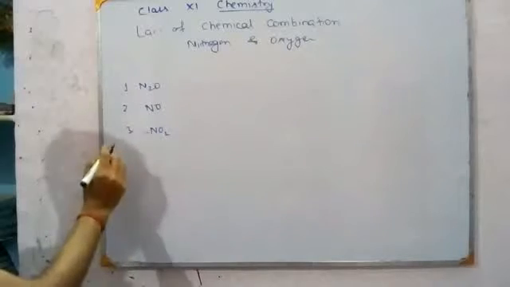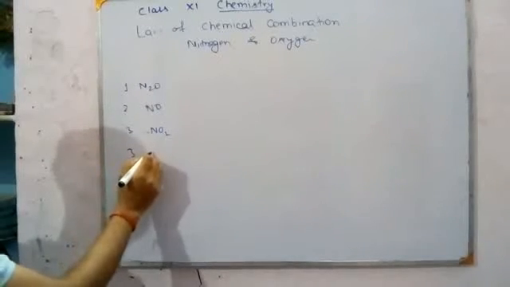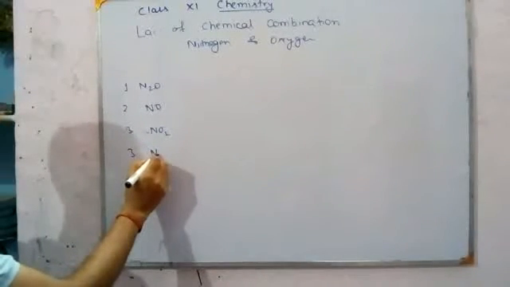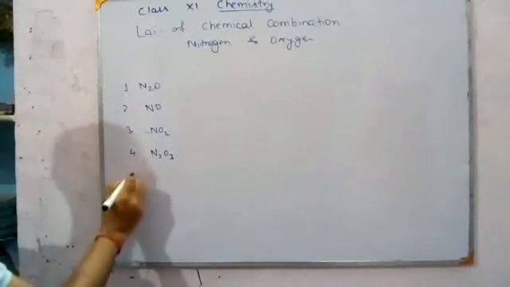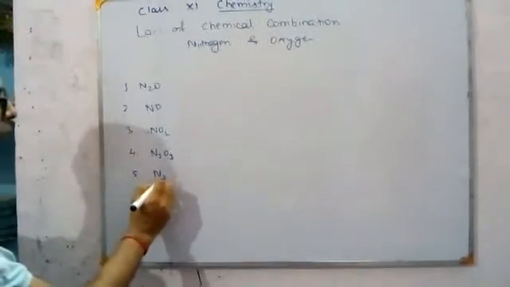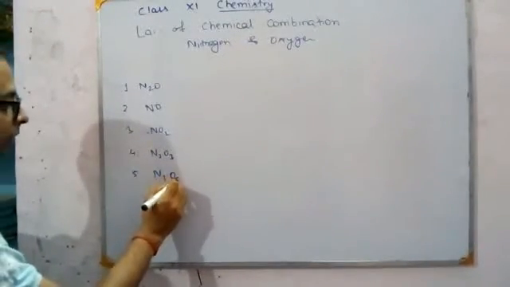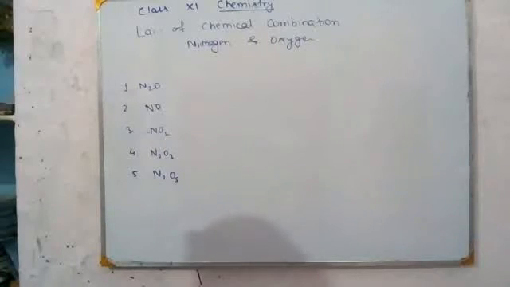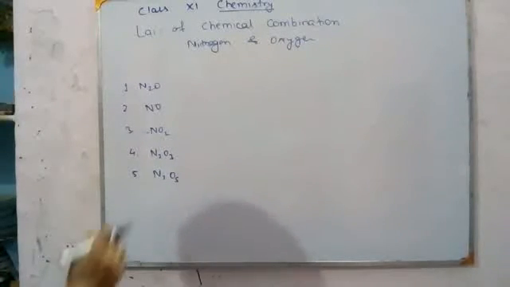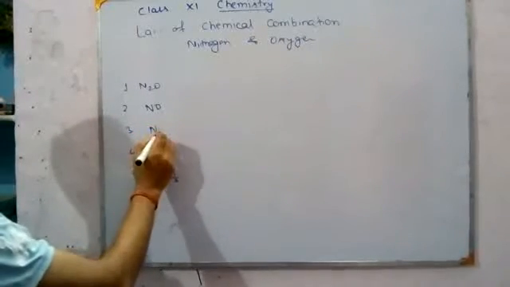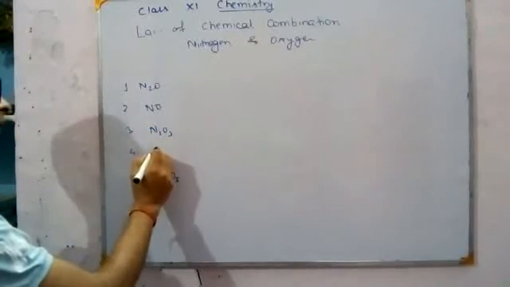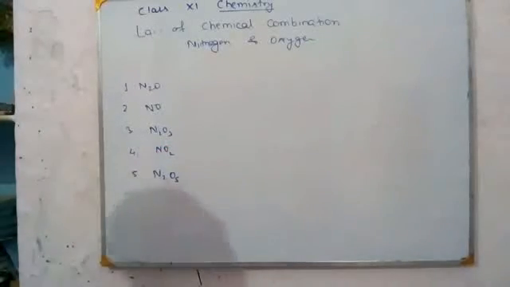Then nitrogen trioxide, N2O3. Fifth one is nitrogen pentoxide, N2O5, right? We need to change this order. It's N2O3 and NO2. Now we'll see.